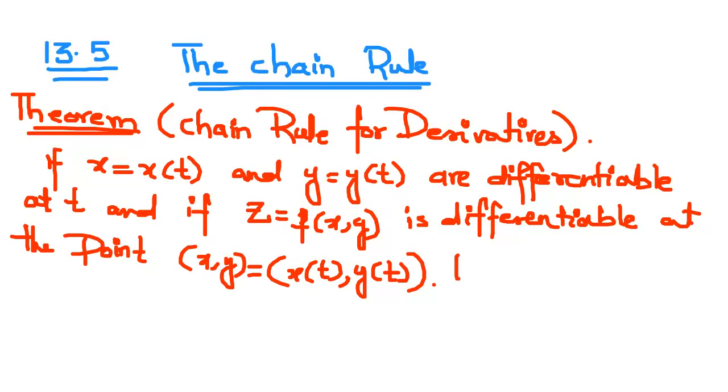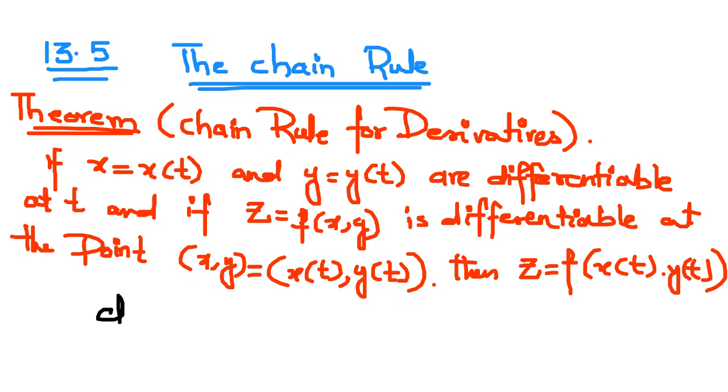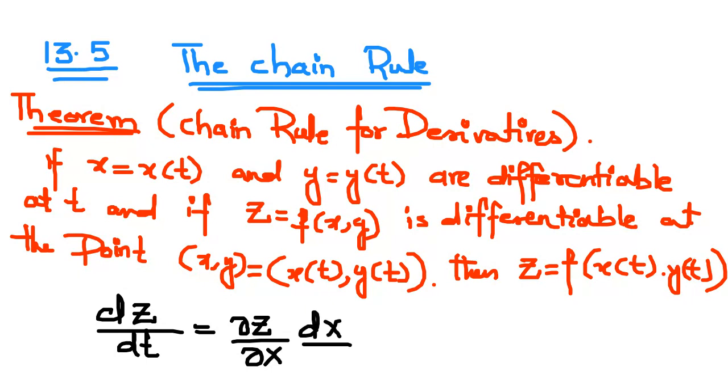Then the function z can be represented in terms of t, which is also differentiable, and you can write the formula of the chain rule, that is dz over dt, because the function is now changed into the t variable, equal to the partial derivative of z with respect to x times dx over dt, plus the partial derivative of z with respect to y times dy over dt.